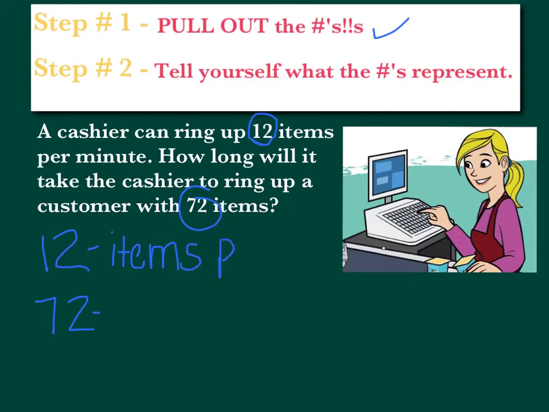So items per minute. 72 represents the number of items a customer may have. Okay, step 2, check.